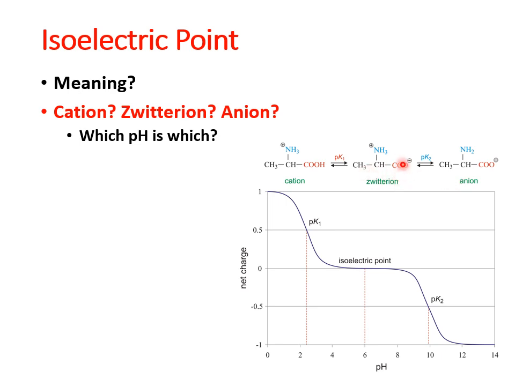And at the pH of the isoelectric point, that's when you have a zwitterion, which simply means it's an electrically neutral molecule. It has a positive and a negative group on it. Okay, so zwitterion is when you have a positive and a negative group. And that's found at the isoelectric point pH.